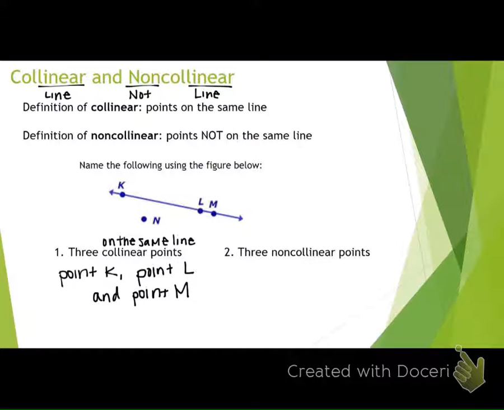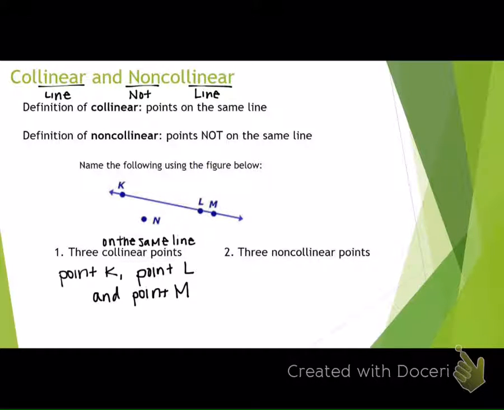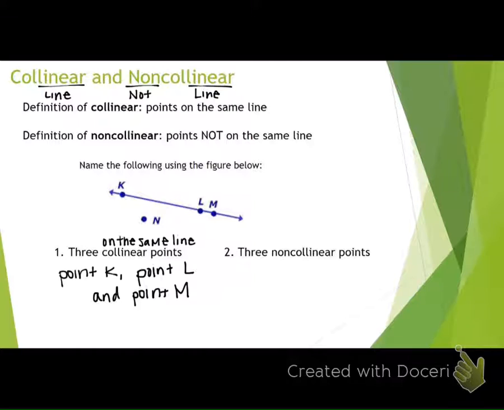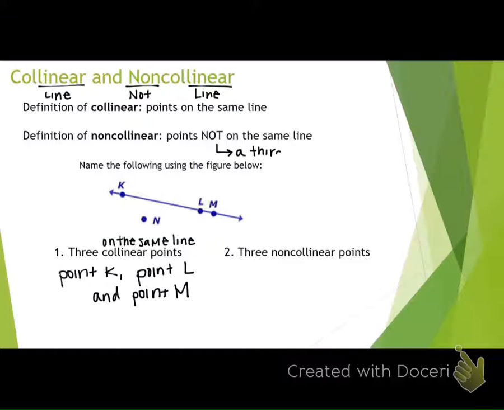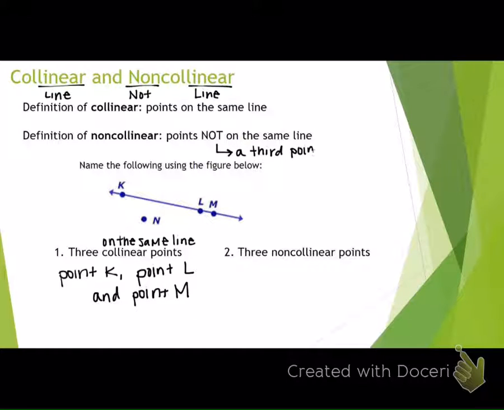When you are talking about non-collinear, obviously 2 points will always make a line. I don't know if you realize that, but 2 points will always make a line. So that's really important you guys realize that. So you just need a third point that isn't on the line, because 2 points will always make a line.